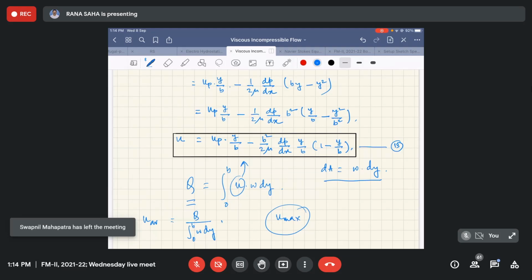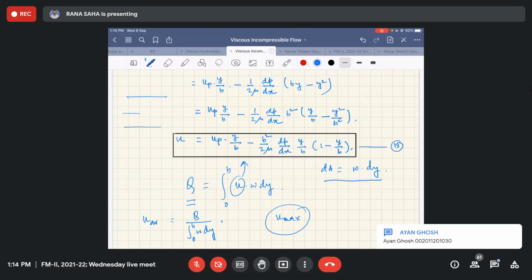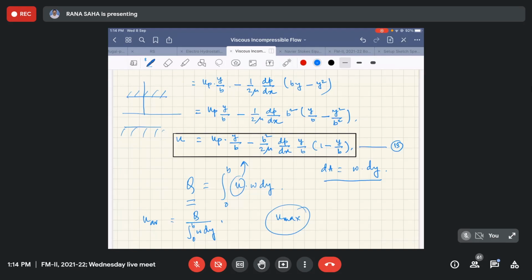You can choose one b, and below x, that is in the negative y direction, another. Basically this type of situation. So if these are the two plates, there are derivations in this manner. So this can be chosen as b, and this also is b, equidistant. And this is your y, this is your x direction.